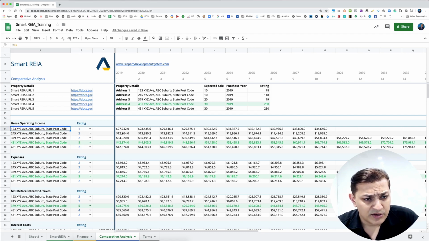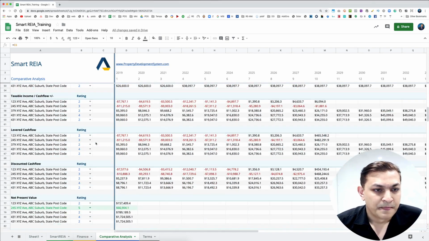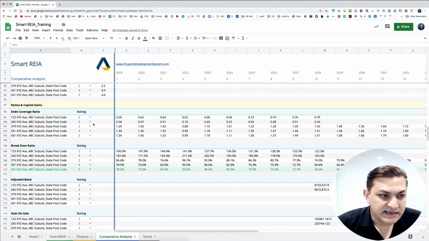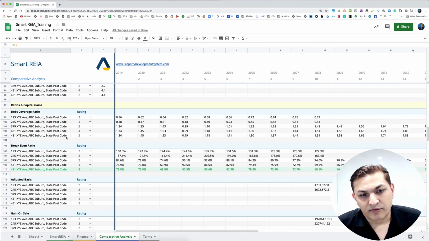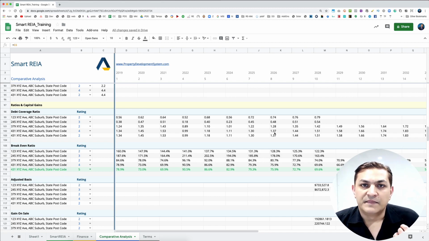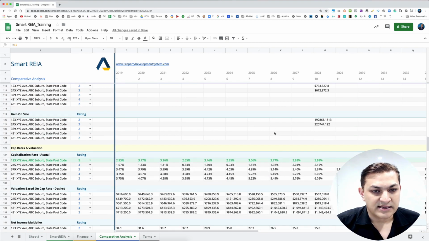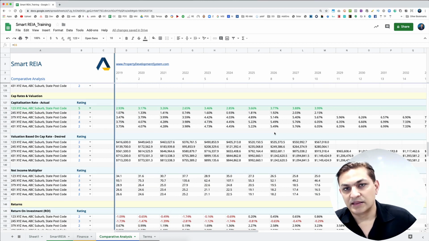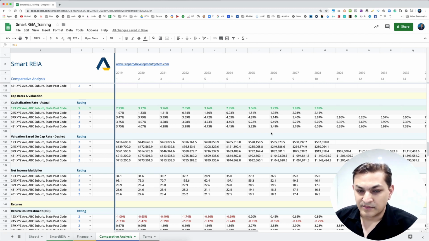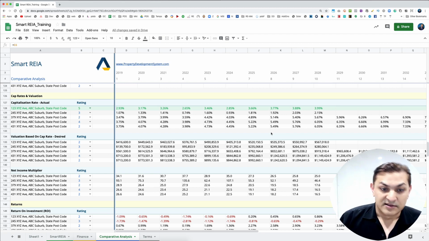So you look at all of these cash flows and see which ones are the best, and you give them a rating, and based on that rating, all of these different metrics get compared for all 5 of them, so you can pick the best investment opportunity that you have analyzed by comparing them to each other, so that it doesn't just become a decision of, oh, I like this because my friends live there, or somebody told me at the barbecue that if you invest in this, it's going to be great.